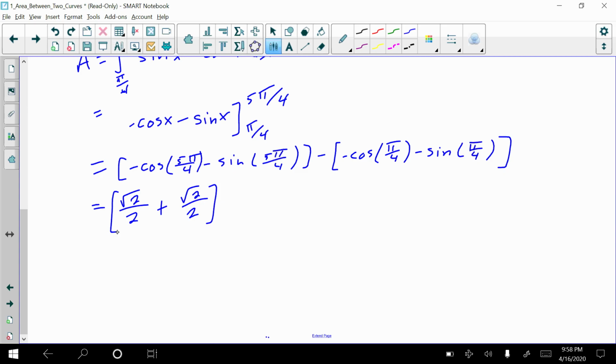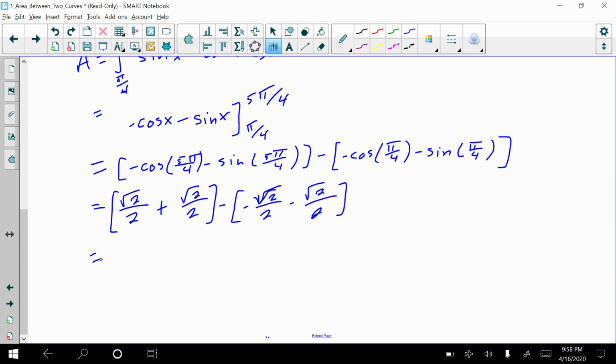Okay, so there's our first difference. And we do the same thing with the other one at pi over 4. So at pi over 4, this is going to remain negative radical 2 over 2. And same thing with sine, it's going to remain negative radical 2 over 2.